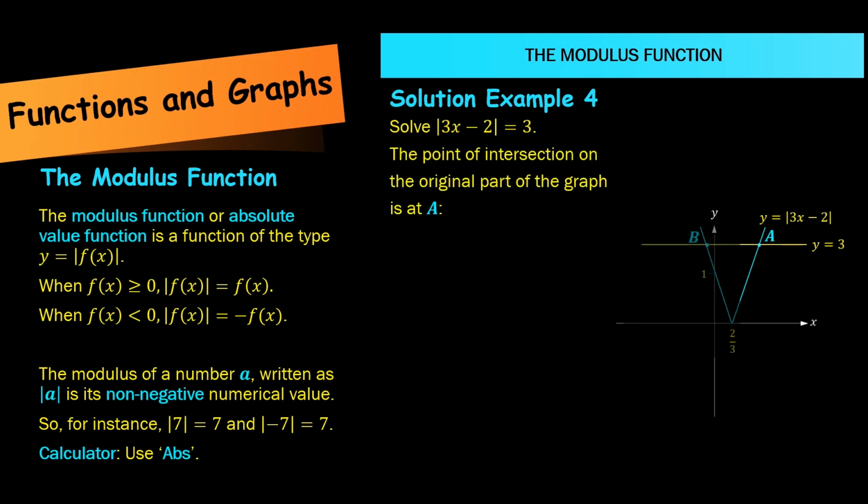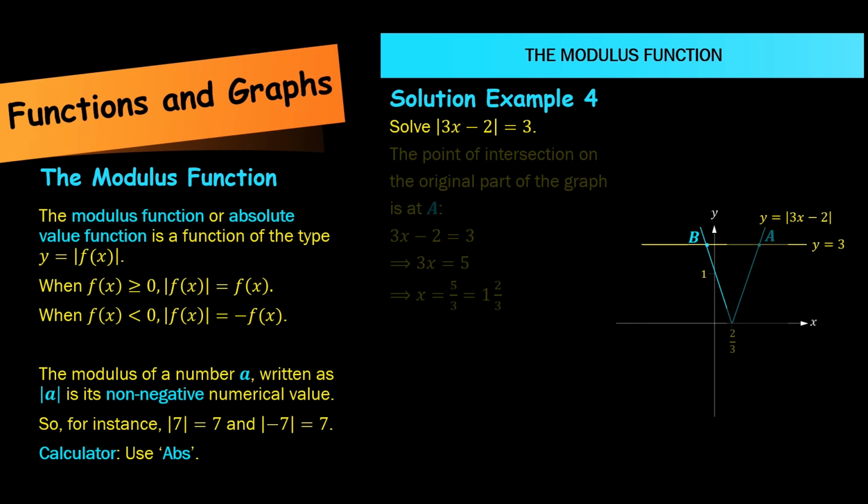The point of intersection on the original part of the graph is at A. Therefore, 3x minus 2 equals 3 at this point. And solving this gives us firstly 3x equals 5, and then x equals 5 over 3, which is of course equal to 1 2/3.